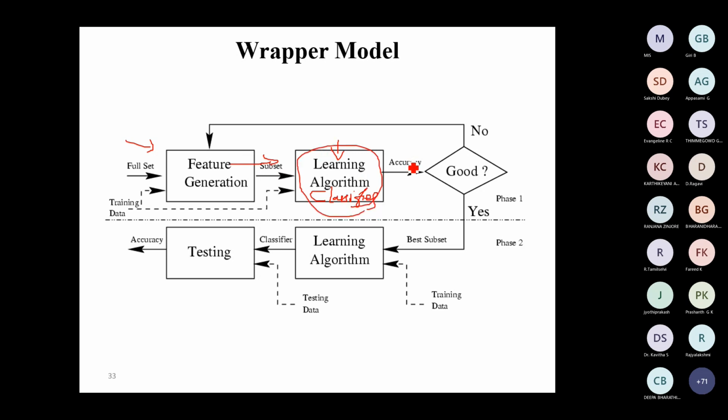Since we are using a classification algorithm, we use accuracy as the measure to validate the model. Whether it is a good one or not, if it is, we select the best subset. Then we apply the classification algorithm with training data and testing data, and we get the accuracy. So these are the two phases. Phase one is the wrapper based model, and we test. Then we do the classification later.